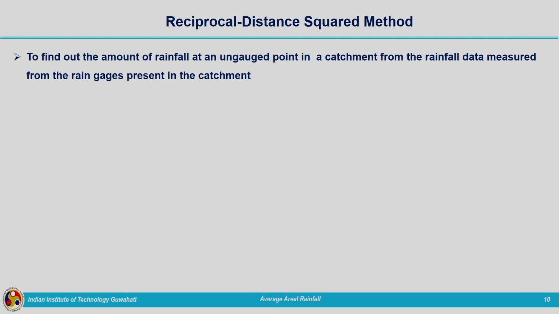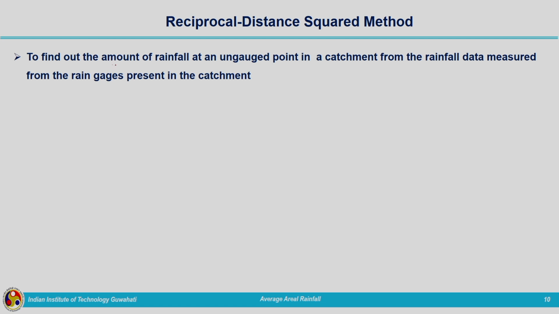The last method which we are going to discuss in this lecture is the reciprocal distance squared method. In this method, in a catchment we have n number of rain gauges. Certain locations will be ungauged, where we do not have any rain gauge. So, we will be calculating the rainfall based on the existing rain gauge data.